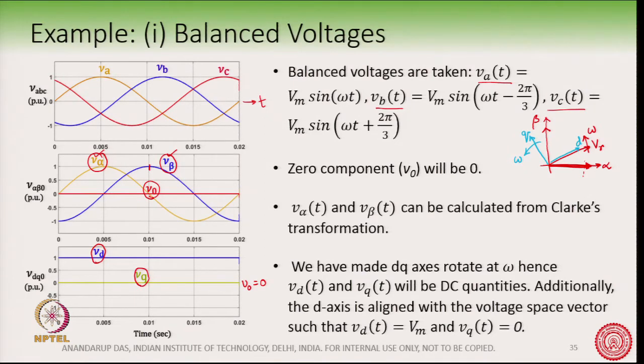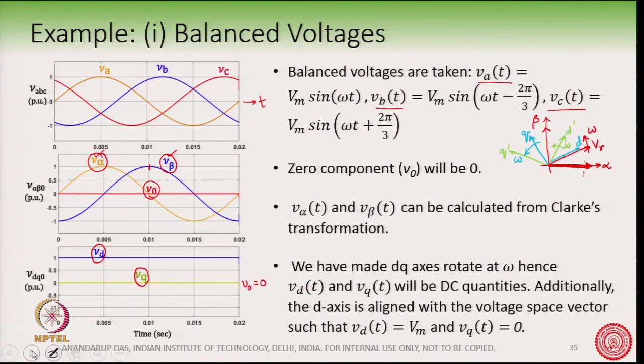Okay. So, if this was d dash and q dash, if I had placed the dq rotating axis at some other angle rotating again at omega, then I would have seen some projection of Vq. Of course, there will be.